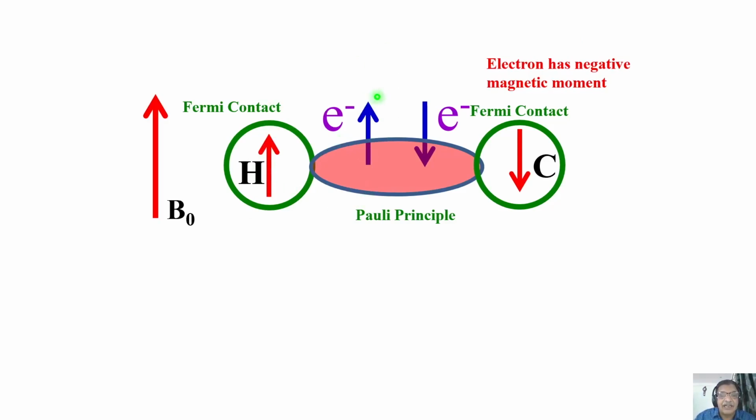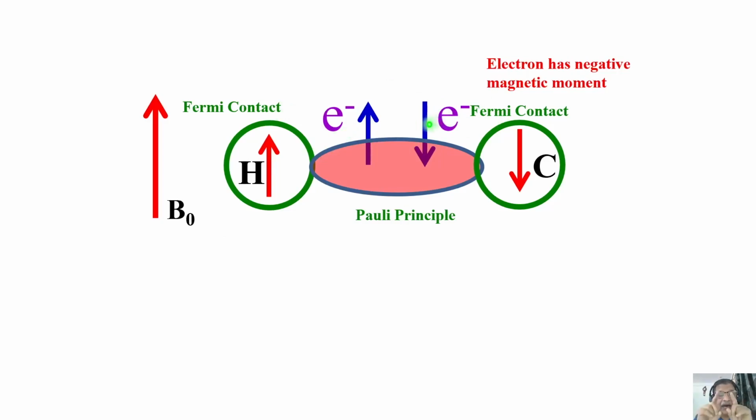It is as good as saying this electron is oriented anti-parallel to this proton's magnetic moment. Please remember this point. That is why diagrammatically I have shown this parallel to this magnetic moment. Okay, so far so good. Now what is the next one? Look at the other bonding electron. There are two electrons in the sigma bond.